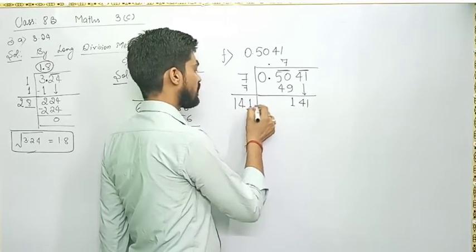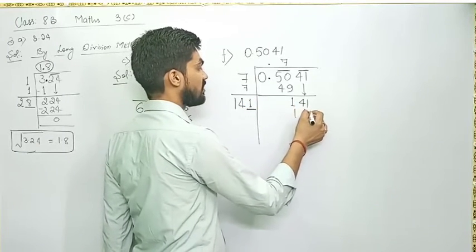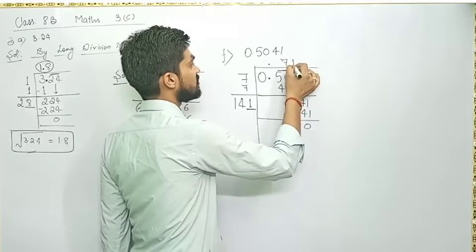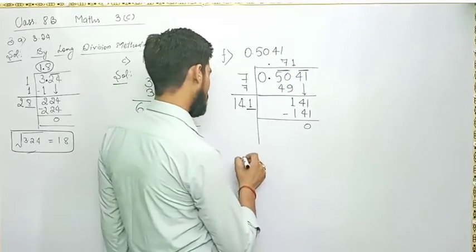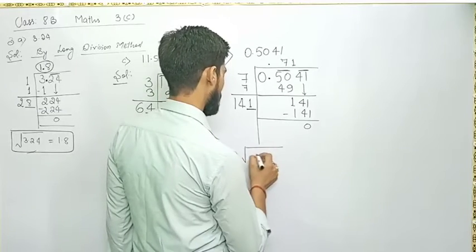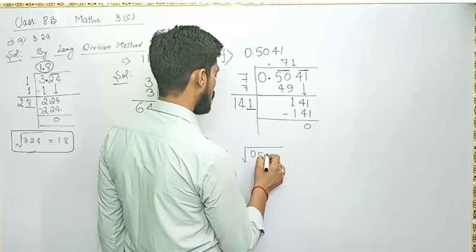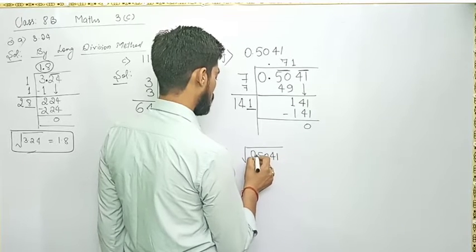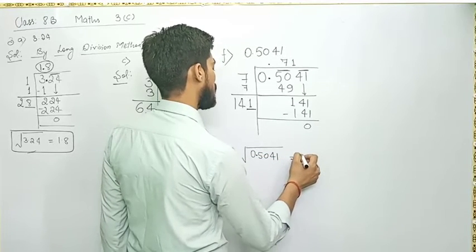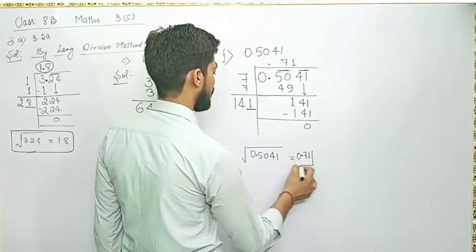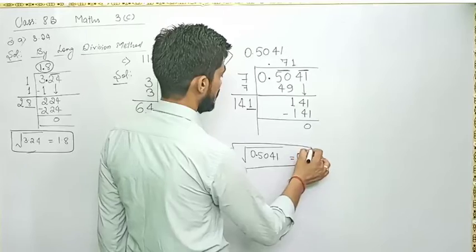So if you write here 1, you will get 141. So it will become 0. Here you will write 1. So therefore you will write the square root of 0.5041 is equal to 0.71, and this will become our answer.